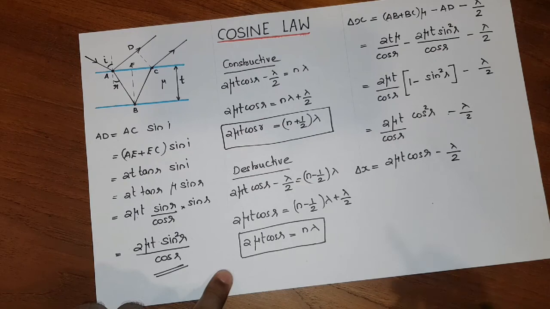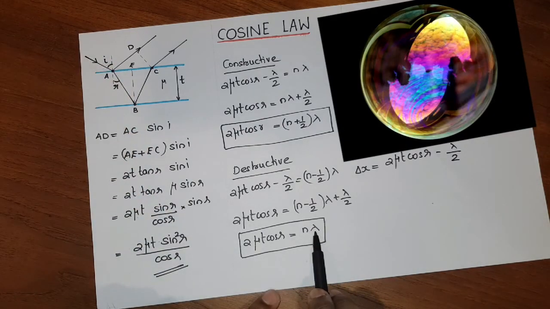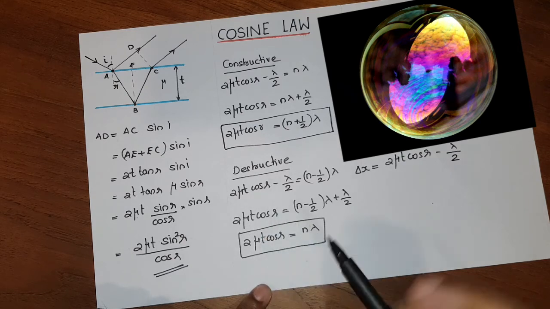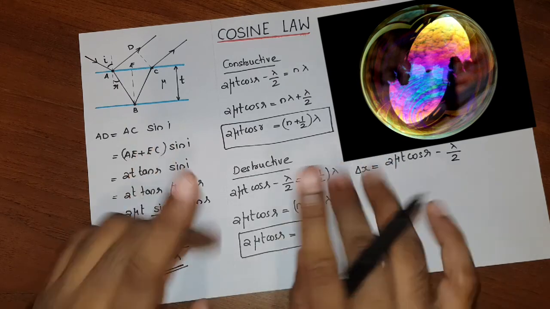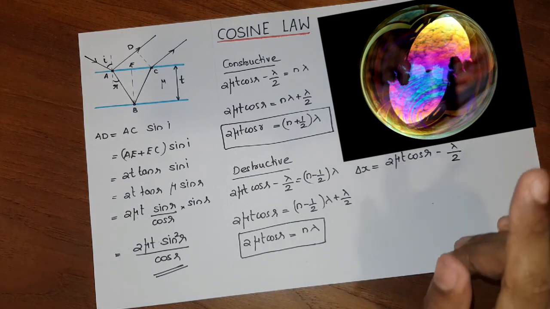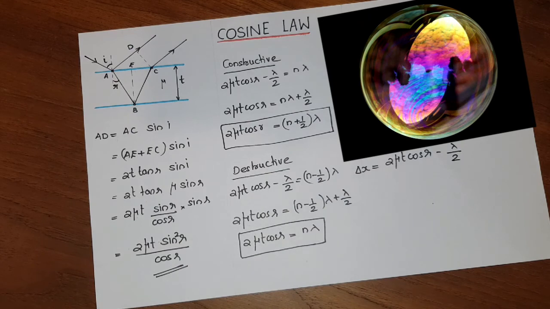Which means, for example, we can take red color. For red color, at some part of the soap bubble, this condition will be satisfied so that the entire red part will undergo destructive interference. So at that part of the soap bubble, we can see the other colors apart from red. So we won't be seeing white light. Instead, we will be seeing the colors apart from red color.